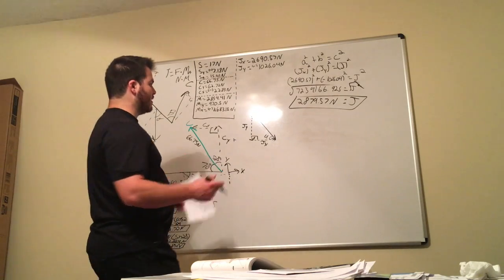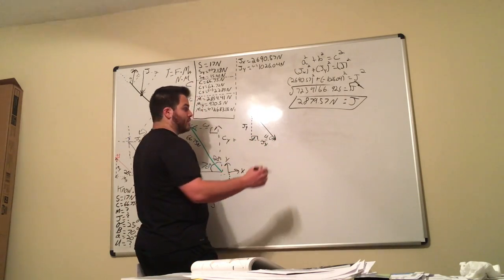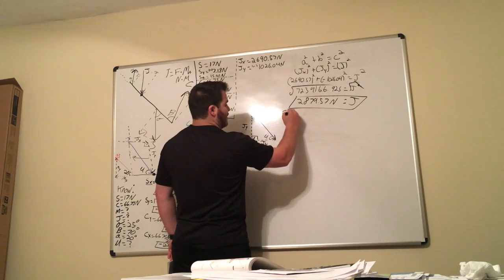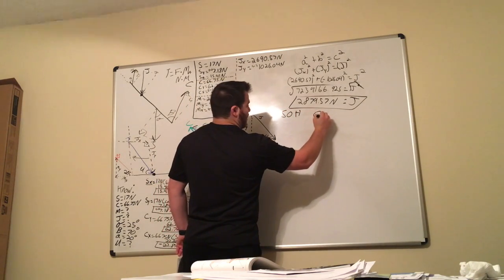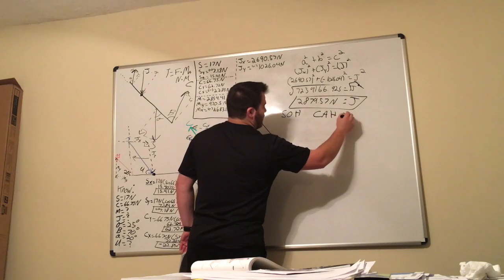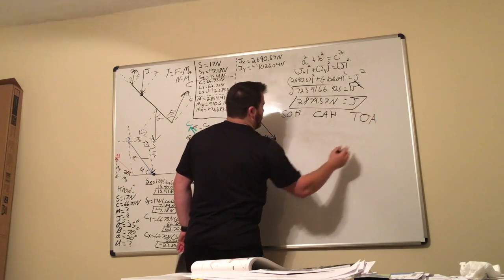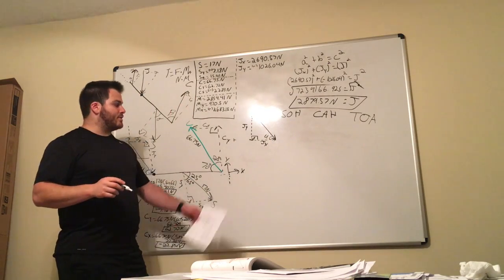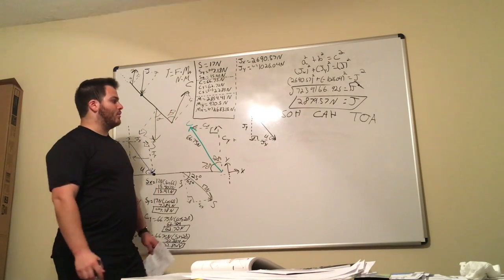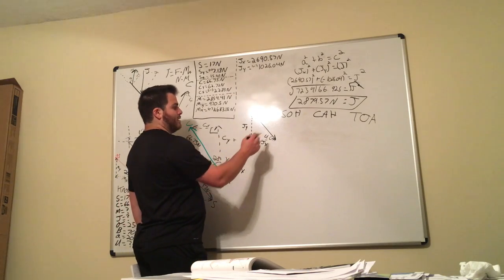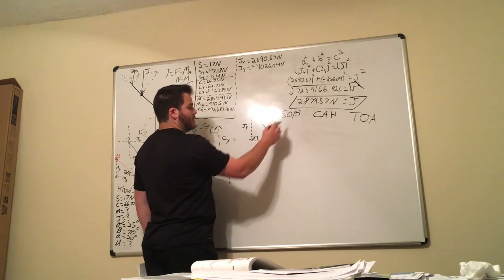No matter what you do, you can do it either way. So remember SOH, CAH, TOA. You can use any one of these ratios to find your angle. So, if you wanted to do the sine, remember your sine is your opposite over hypotenuse.